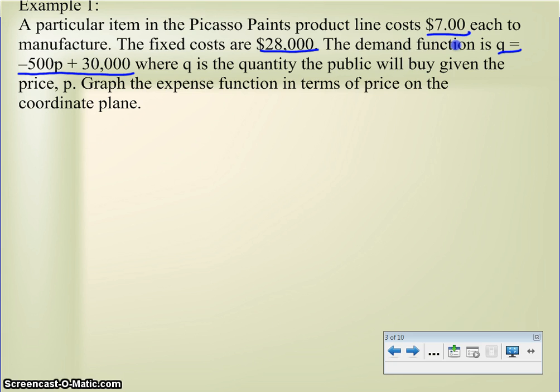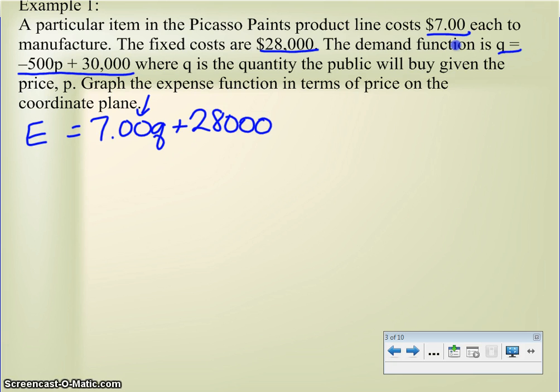So a few things we've got to go through and get first. We need that expense function, and that is 7Q plus our fixed expenses of 28,000. If you remember from the last chapter, 7 is the cost to produce 1 unit, and 28,000 is your fixed expenses.